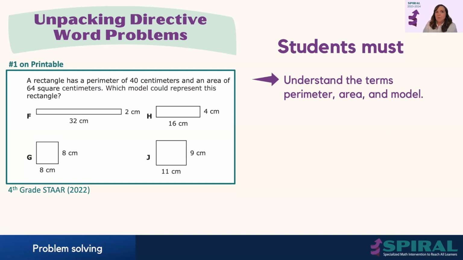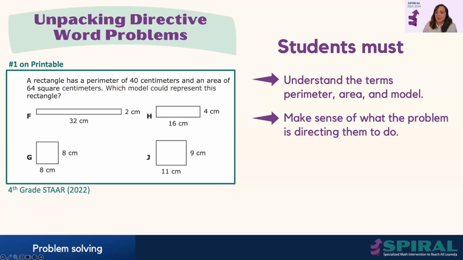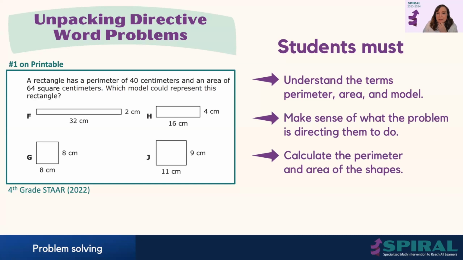Now, before I get to that attack strategy, I want to think about, well, what vocabulary is going to be really essential here? So I see vocabulary of perimeter and area, and maybe we also want to know the vocabulary of model. That would be important to understand here as well. And then I want to help students understand this problem by making sense of what the problem is asking them.